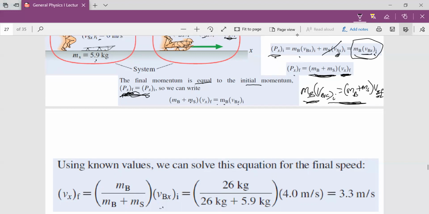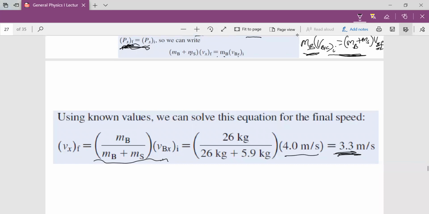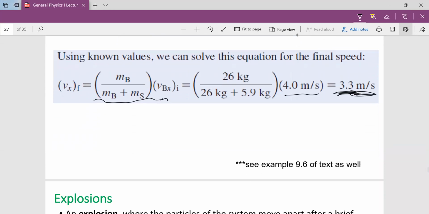That's how we got this expression here. So substitute the values that are given to us, 26 times the initial velocity of 4, divided by 26 plus 5, to obtain the final velocity to be 3.3 meters per second. Okay, so I encourage us to also see example 9.6 of the text.